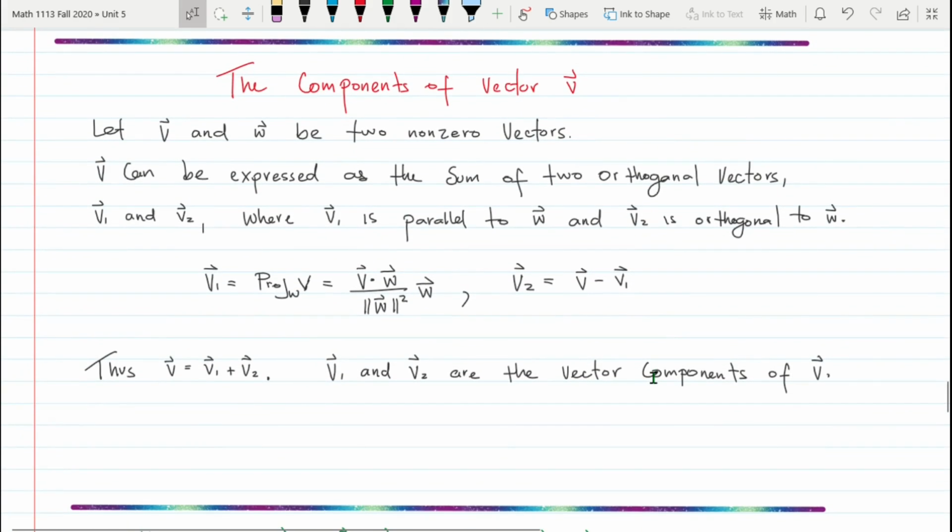Now, let's talk about the components of a vector, and not really in terms of magnitude and direction. Those are basic components, but then there's a farther breakdown, and we're looking at it from the point of view of the projection. Say that we have vectors V and W, and they are non-zero vectors. So vector V can be expressed as the sum of two orthogonal vectors.